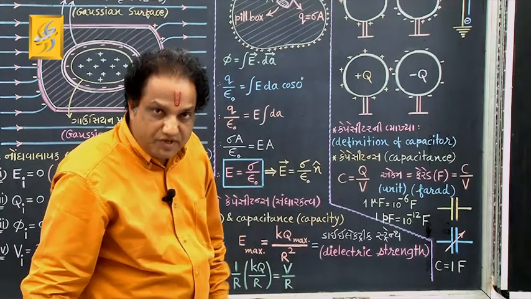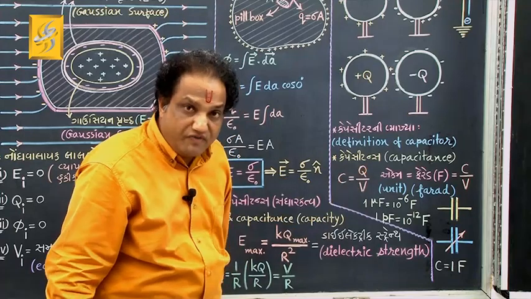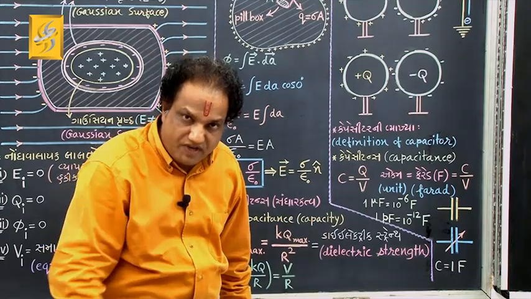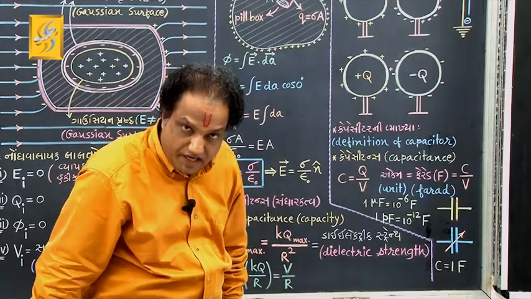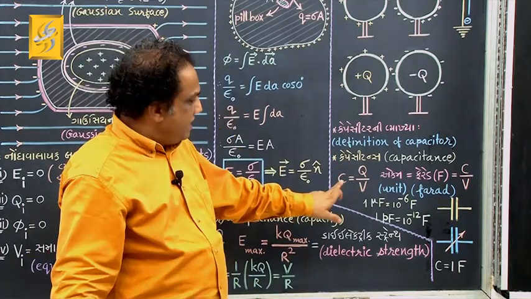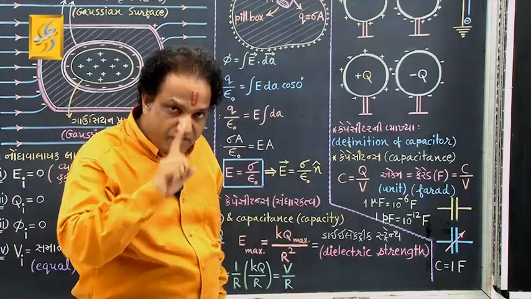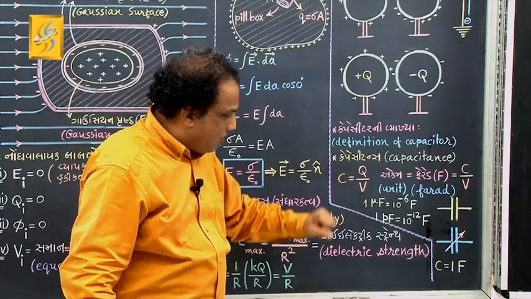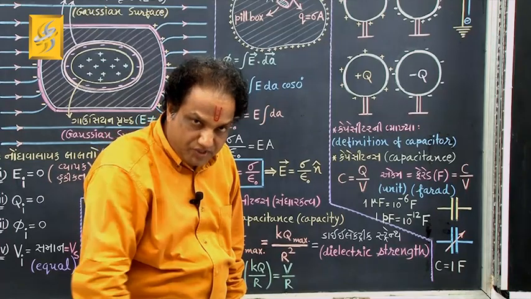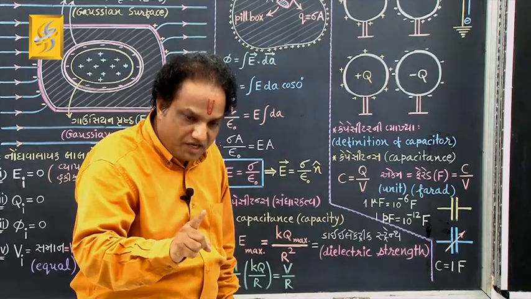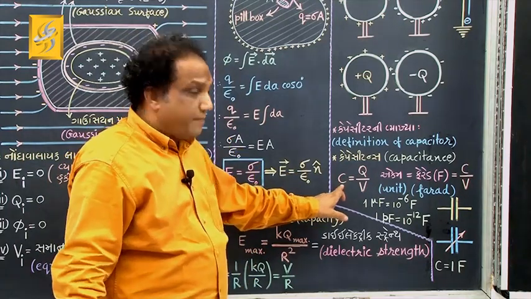How do we define this capacitance? Very simple. The ratio of the magnitude of electric charge on either plate of a given capacitor to the potential difference between the two plates in that capacitor is called its capacitance, shown by the symbol capital C. Once again, the ratio of magnitude of charge on either plate of a capacitor to the potential difference between two plates is called its capacitance.